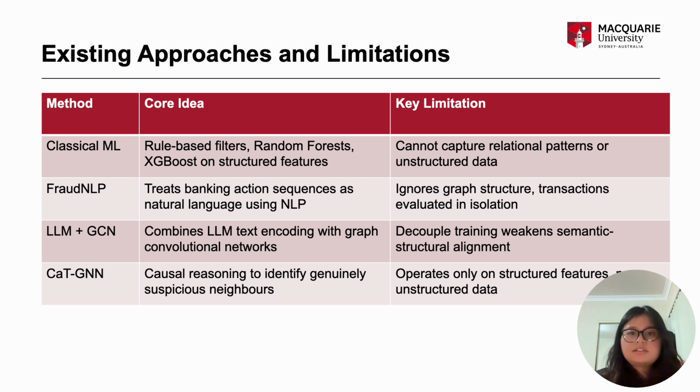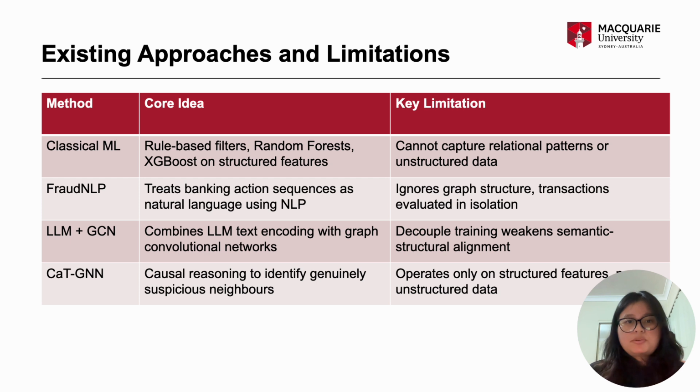When I surveyed the existing literature, I noticed each method solves one piece of the puzzle but misses the others. Classical ML is well established but blind to both graph structure and unstructured data. Fraud NLP showed that transaction text carries genuine fraud signals but treats each user in isolation, missing coordinated fraud across accounts. Graph-based models like GNN model relationships well but ignore unstructured data entirely.